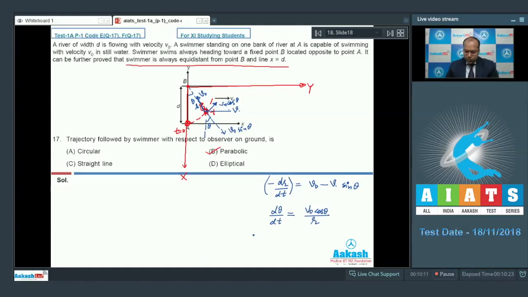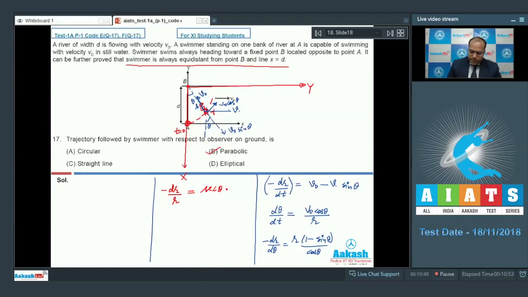If I divide these two equations, I get minus dr by d theta is equal to r into 1 minus sin theta divided by cos theta. Further solving, I get minus dr by r is equal to sec theta minus tan theta into d theta.